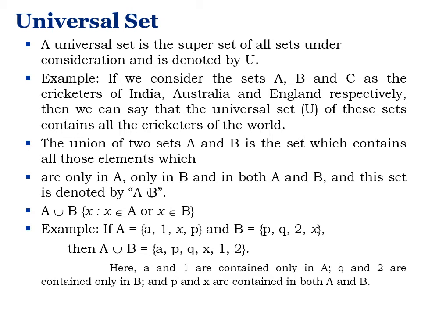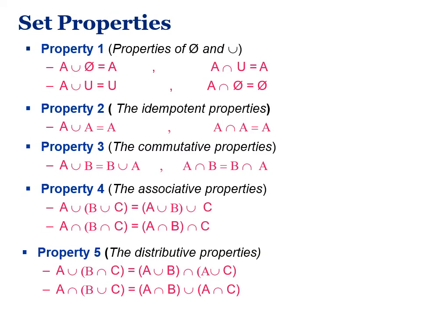The union of two sets A and B is the set which contains all those elements which are only in A, only in B, and in both A and B, and this set is denoted by A union B, such that x is an element of A or x is an element of B.